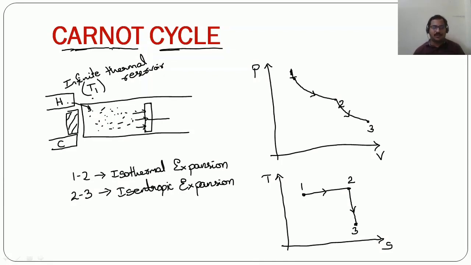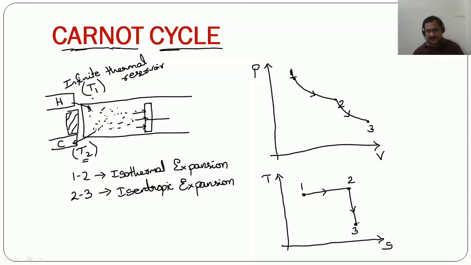So the hot thermal reservoir is removed during isentropic expansion. Then when we are rejecting heat, we need to bring a cold surface which is having a temperature T2. This is also an infinite thermal reservoir, and as a result of that, there will be heat rejection from this piston cylinder arrangement to this cold object isothermally at temperature T2.